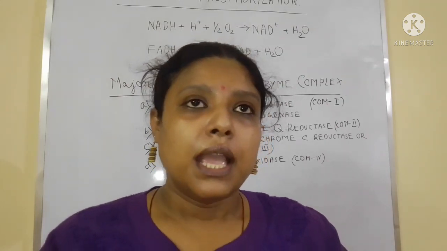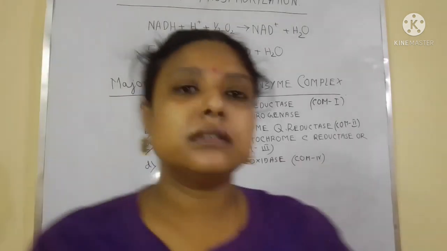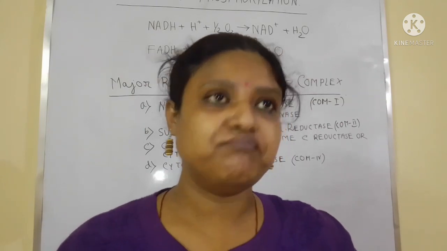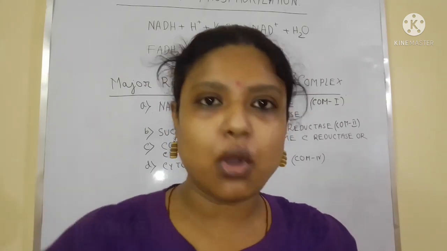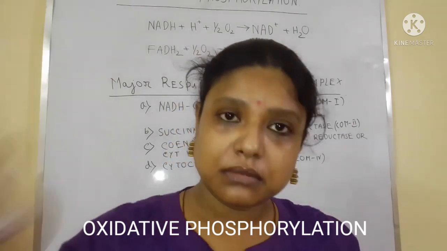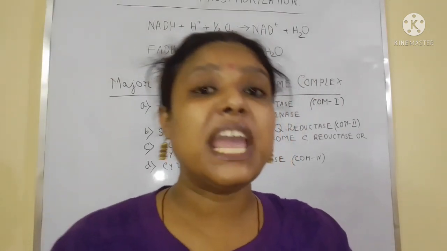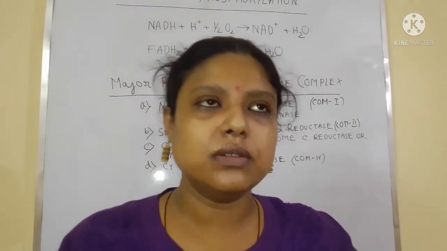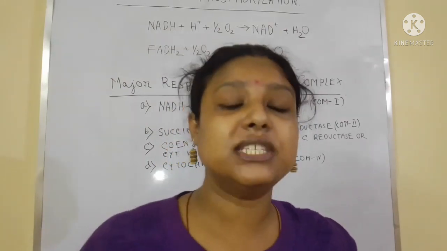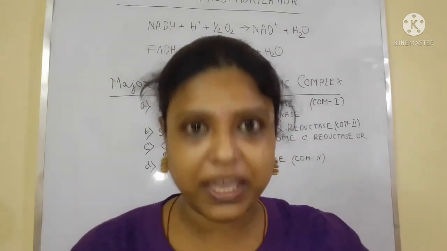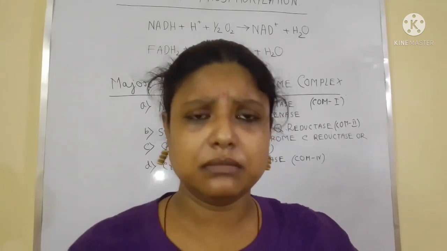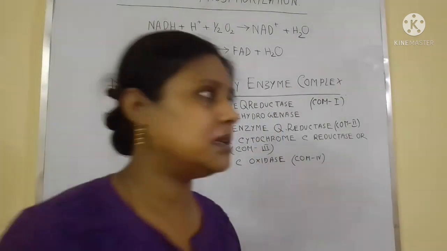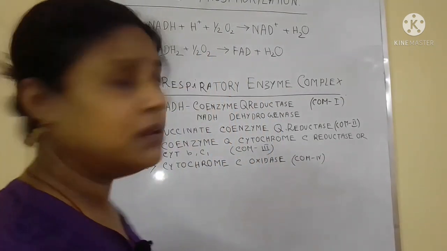These electrons released from NADH and FADH2 are added to oxygen, O2, and after that it helps to form water. So the role of these electrons that remained within NADH and FADH2 is to help form water. They are added to oxygen to form water.